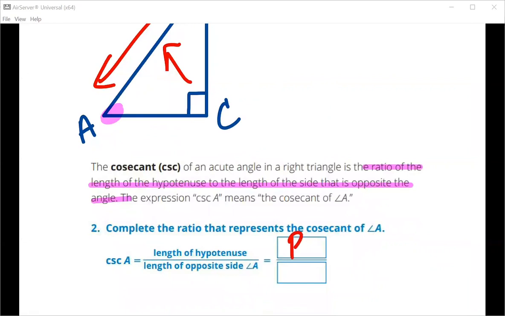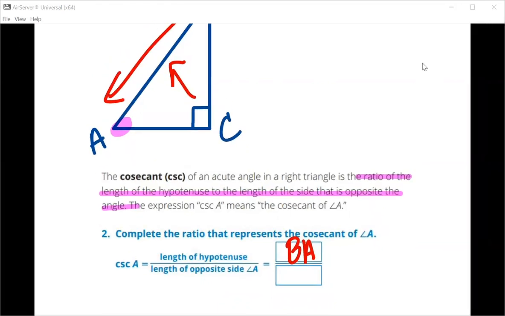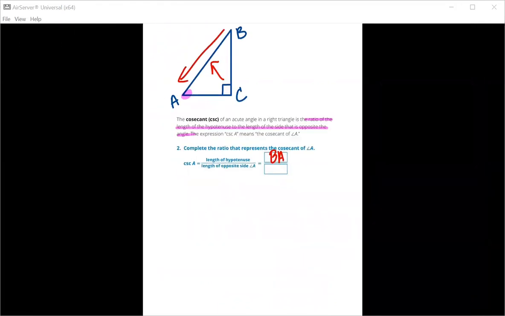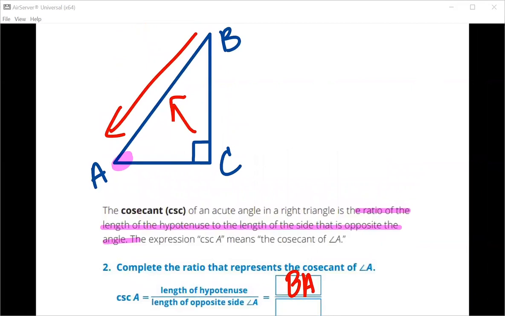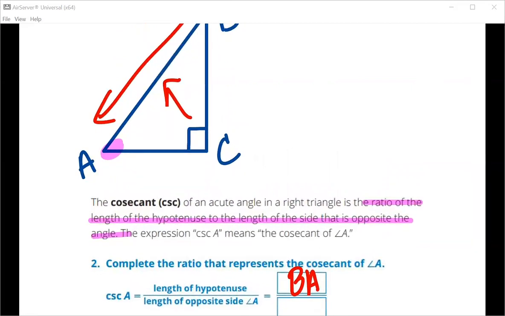And then we're now looking for the side that's directly across from the reference angle, and that's going to be side BC.